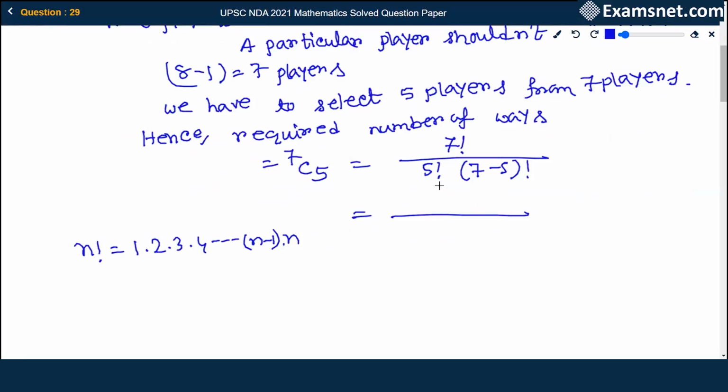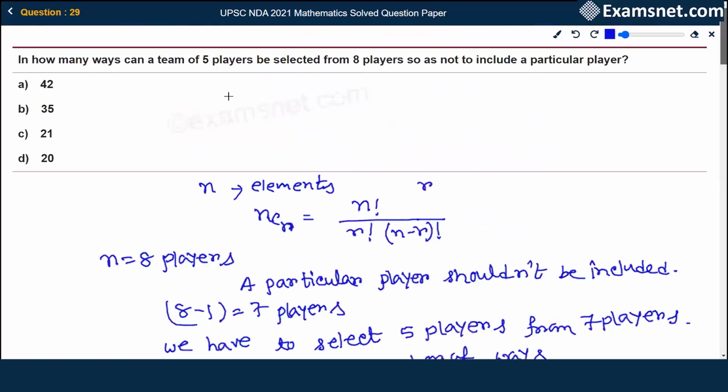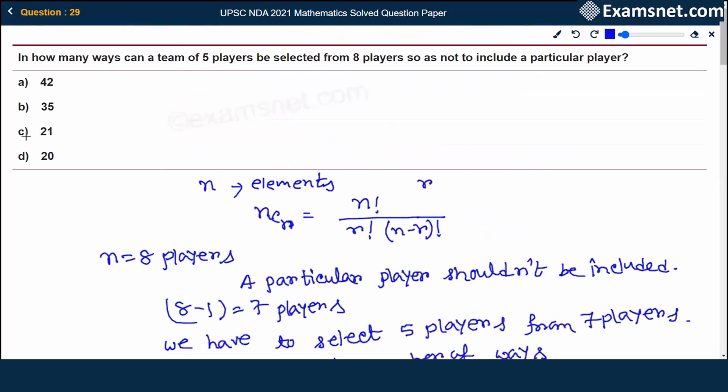So 7 factorial means we can write it this way: 7, 6, and instead of 5, 4, 3, 2, 1, we can write 5 factorial. So we already have 5 factorial and 2 factorial here. So both 5 factorial got cancelled. 7, 6, 2, 1. So 3, the answer is 21. So how many ways can a team of 5 players be selected? Option C, 21 is the correct answer.